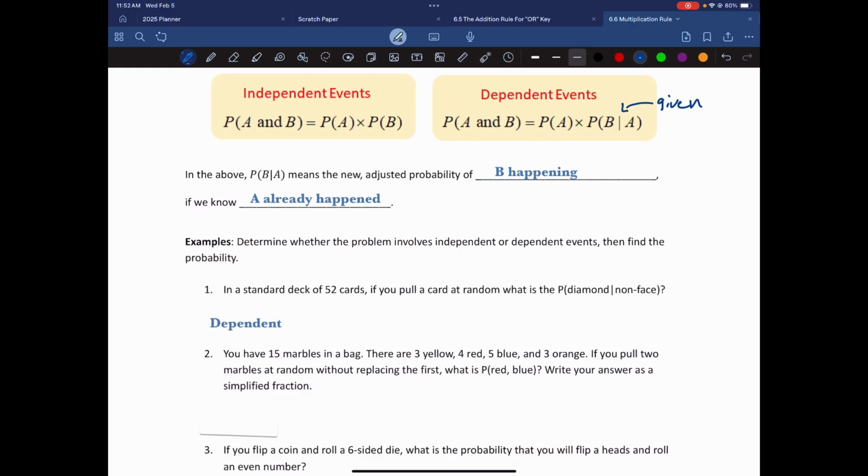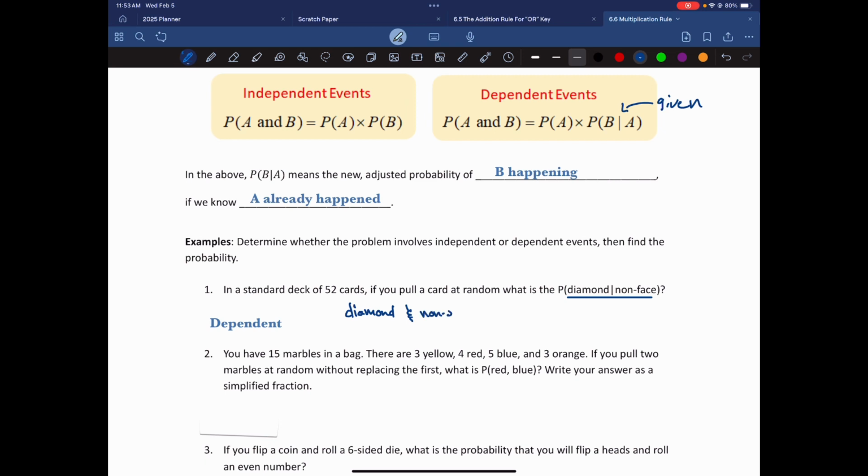So how exactly do I do the math with this probability of diamond given non-face? What I'm going to do is set up a probability. My numerator, or my top number, is going to be the probability of both of these: diamond and non-face card.